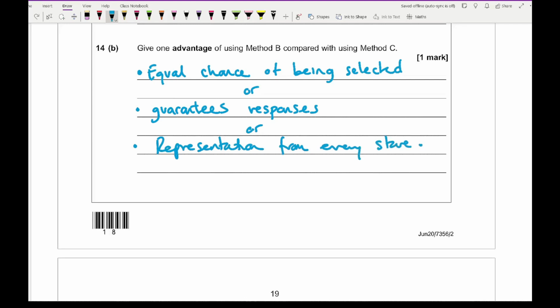But the key thing to remember is you're only giving one advantage, so try and make sure that your answer is only surrounded by one reason.